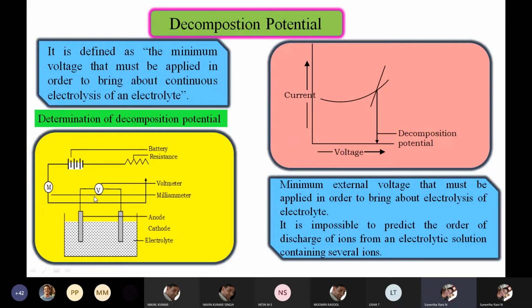When the current is switched on, electrons move from anode to cathode through the electrolyte, and you can see a deflection in the voltmeter. From this deflection we can plot the graph and find how much potential is developed. The minimum potential developed when a minimum voltage is supplied is called the decomposition potential. Understood?